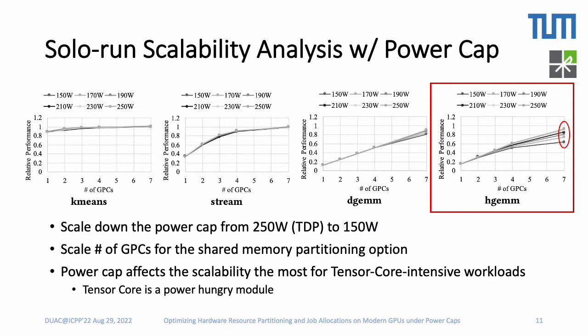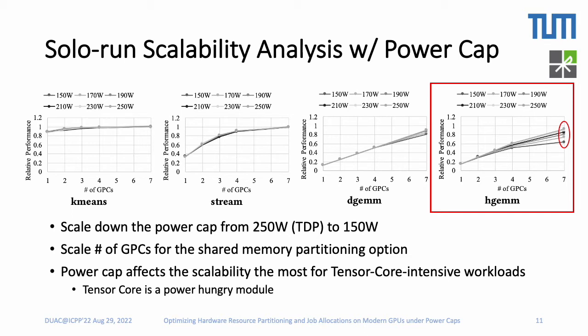We also test scalability while changing the power cap. An important finding is the impact of power capping on scalability. It highly depends on what types of computation operations are used for the target application.